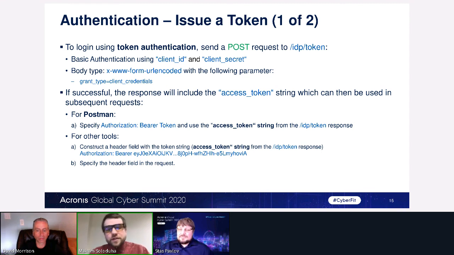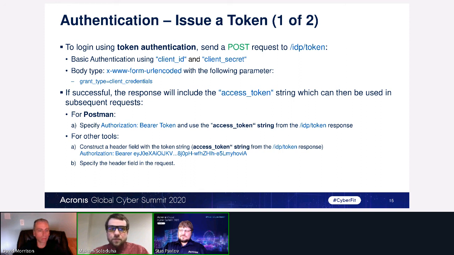And here it's a little bit more in detail. It's not actually step number one, it's more drilling down into the flow itself. First of all, we're going to send the POST request to the IDP token endpoint. It's going to be basic authentication using the client ID and client secret that we just mentioned were received from the management console UI.